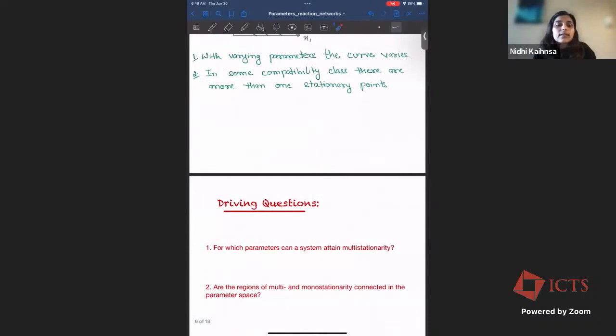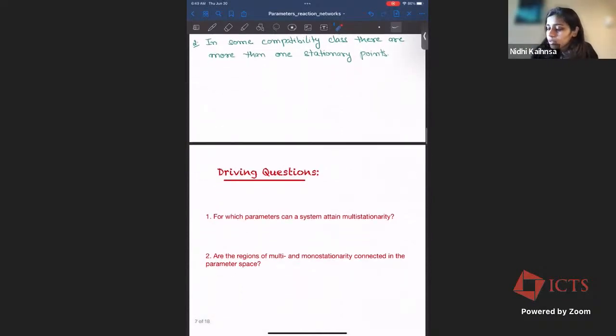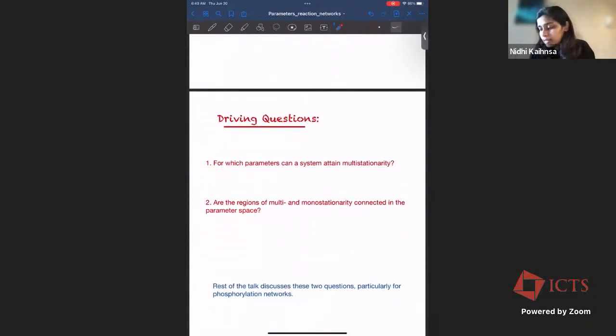And the other question is: in the space of parameters, are the regions which give us multistationarity and monostationarity connected or not? Okay, so the talk basically focuses on exactly these two questions, particularly for phosphorylation networks.